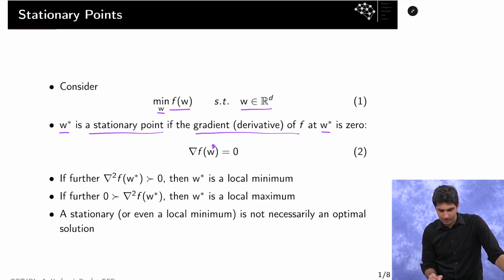The gradient of f at w* has to be 0, okay? Then we call w* a first order stationary point. We call it first order because we are talking about the condition that has to be satisfied for the gradient, and the gradient is essentially first order information, something about the first order derivative of a function.